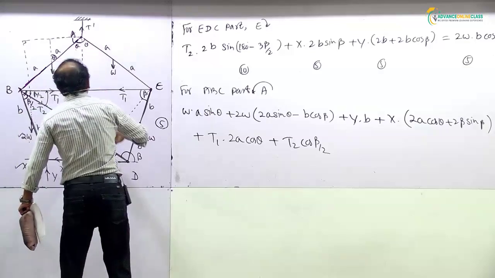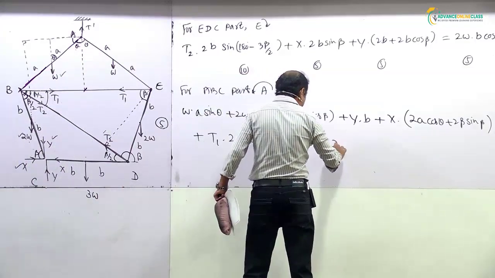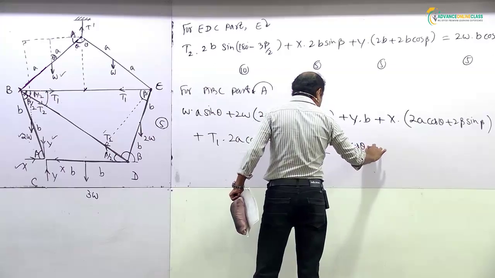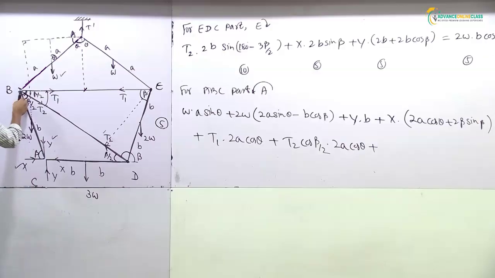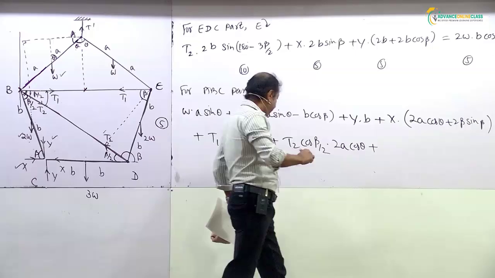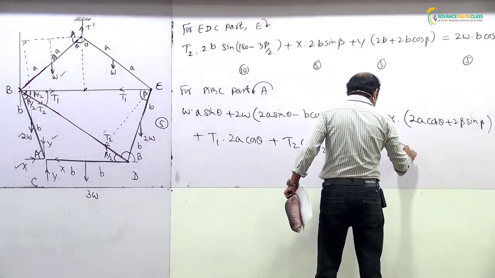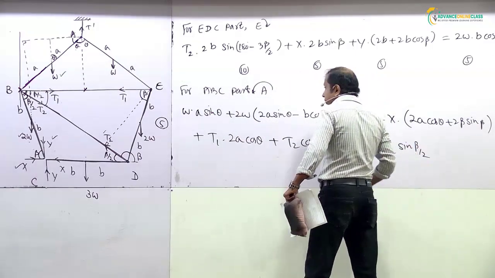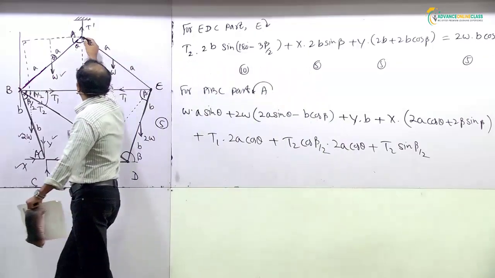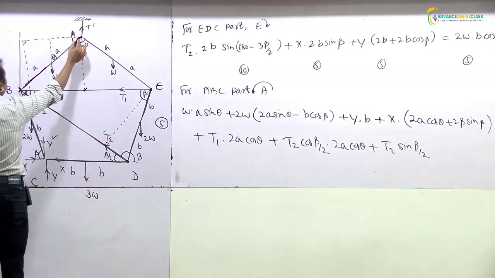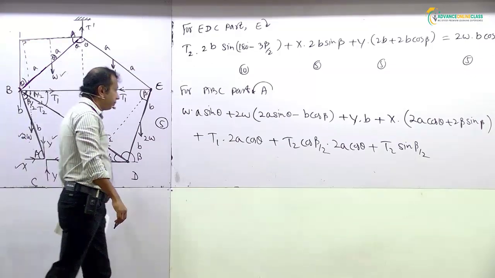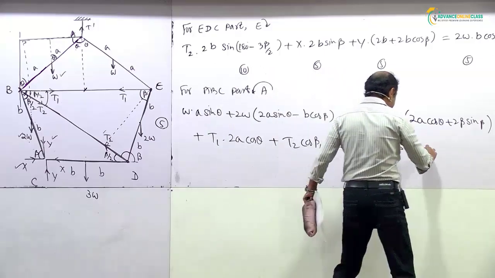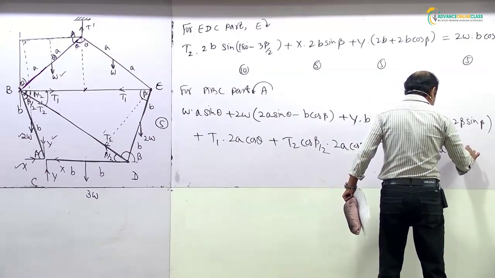The perpendicular height is 2a cos theta. Next one, T2 sin beta by 2. That passes this way. The distance to that is from here to here, this length. This is theta now, so 2a sin theta. This is equal to 0.